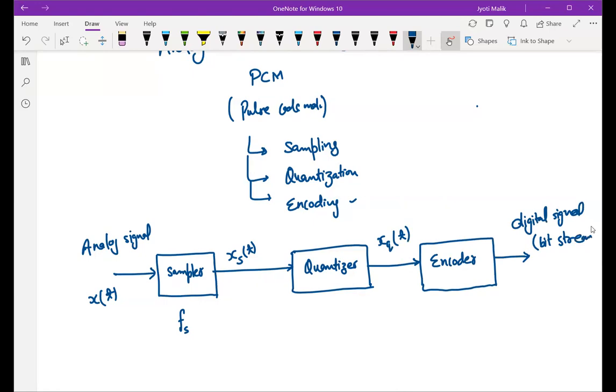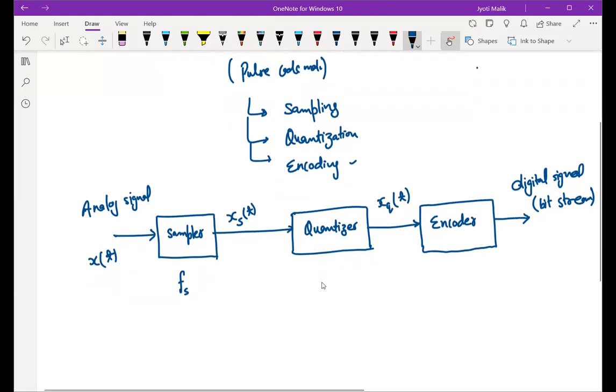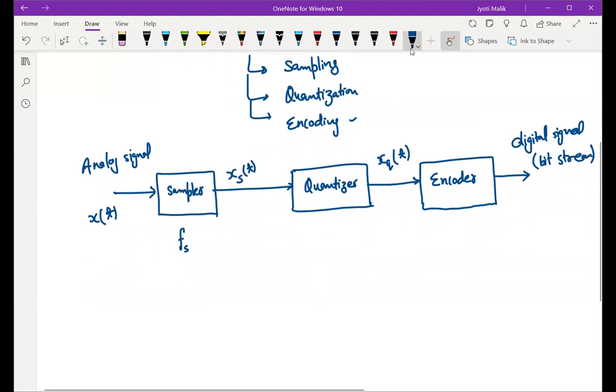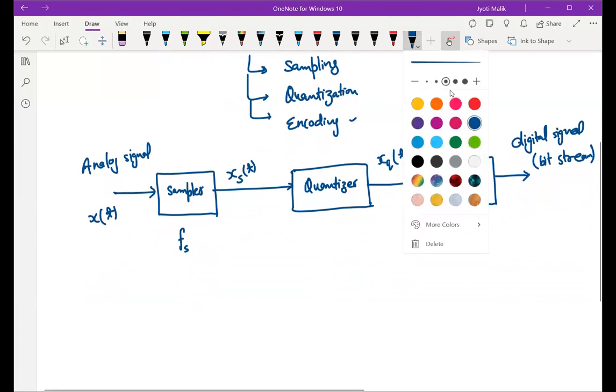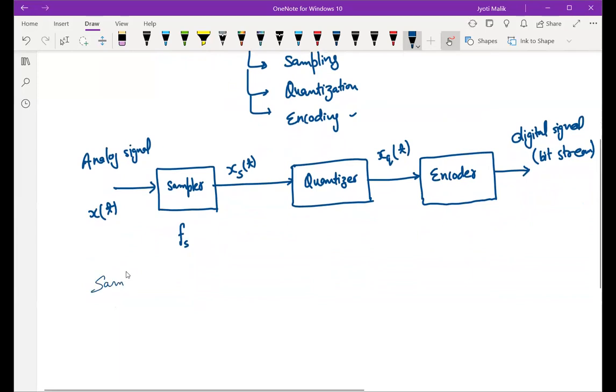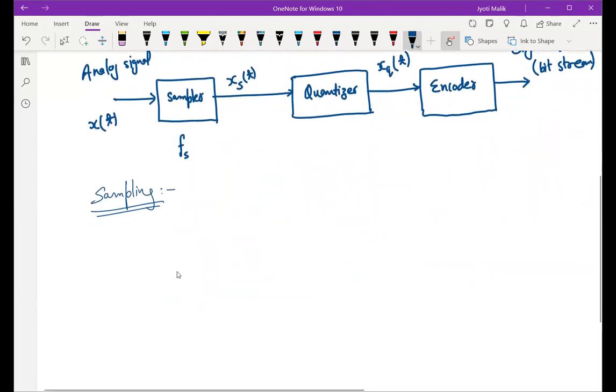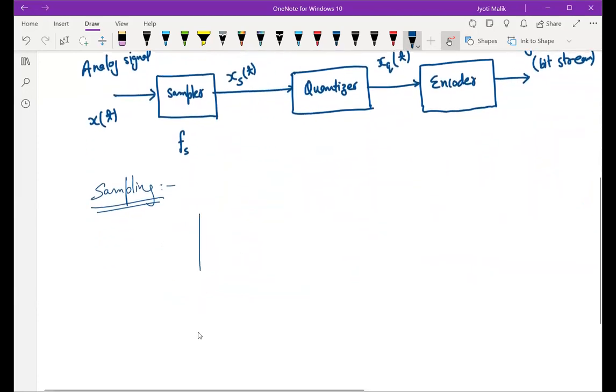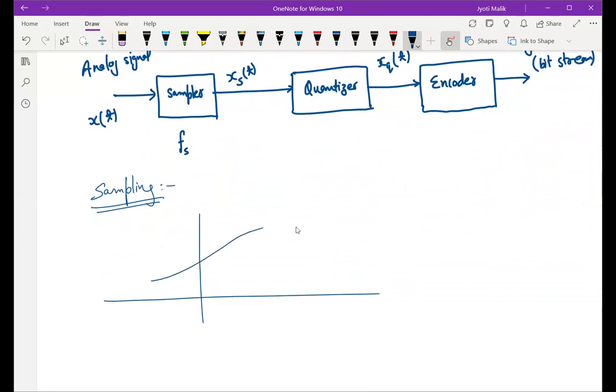Now let's briefly revise the sampling process. First of all, what was sampling? For example, we had this analog signal x of t versus time.